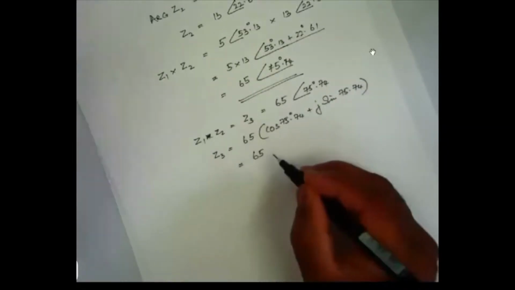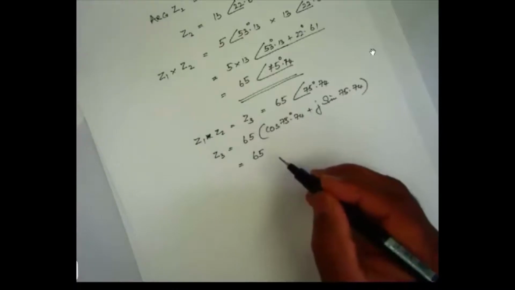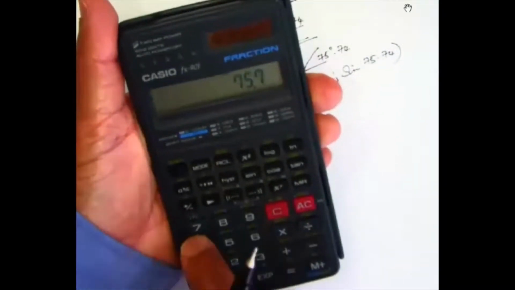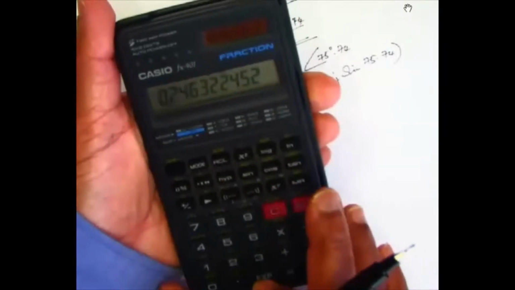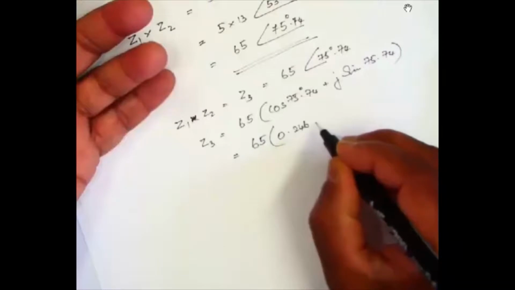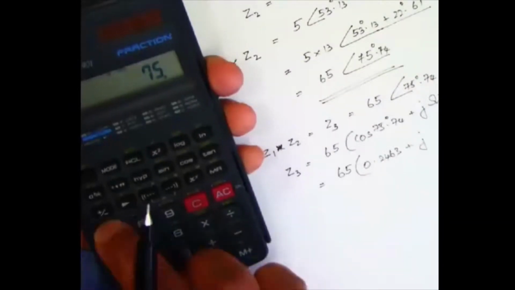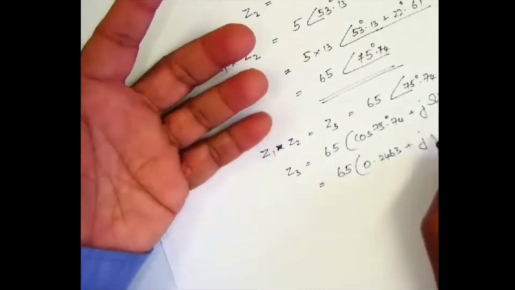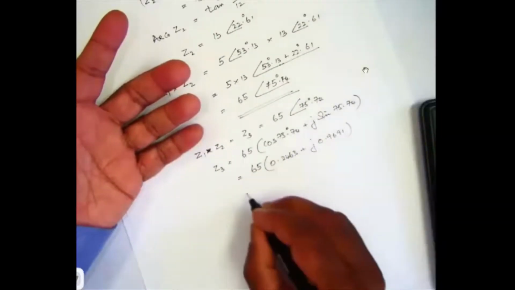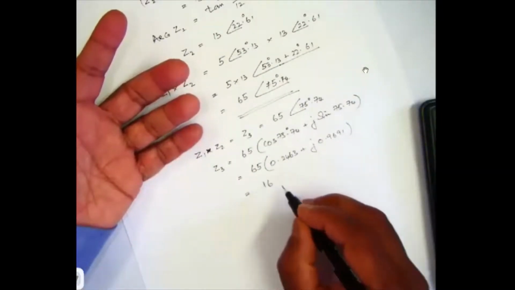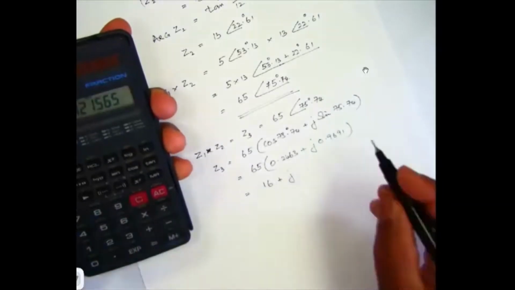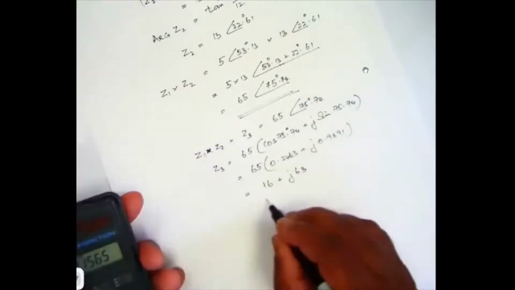So cos 75.74 is 0.2463 plus j sin 75.74, that is 0.9691, and when you multiply by 65, we get 16 plus j times 62.99, say 63. So that's the final answer.